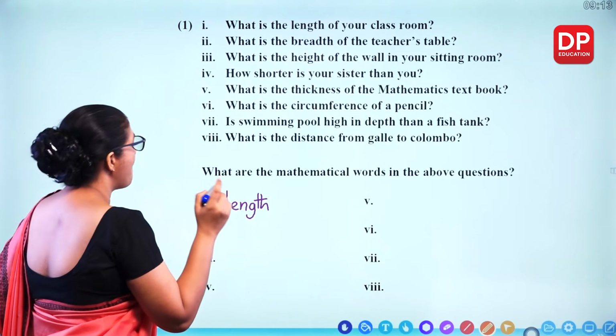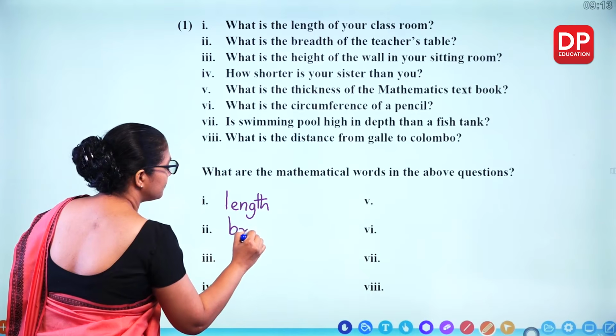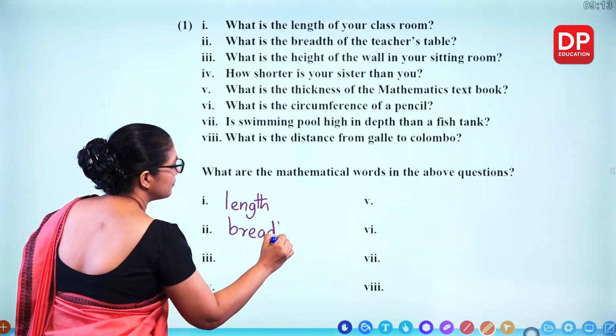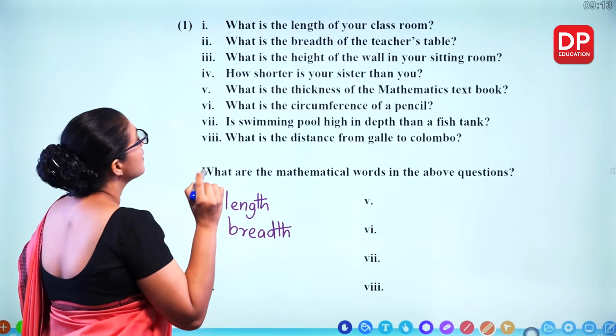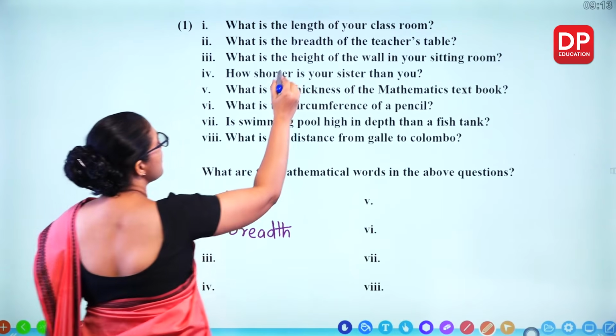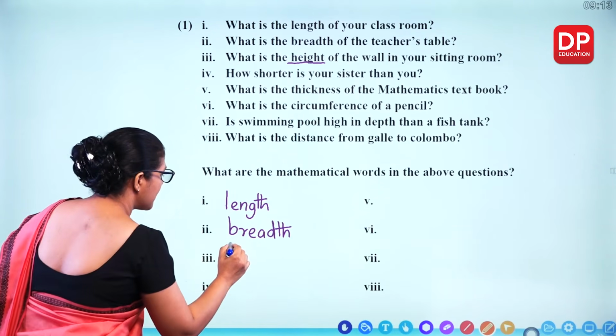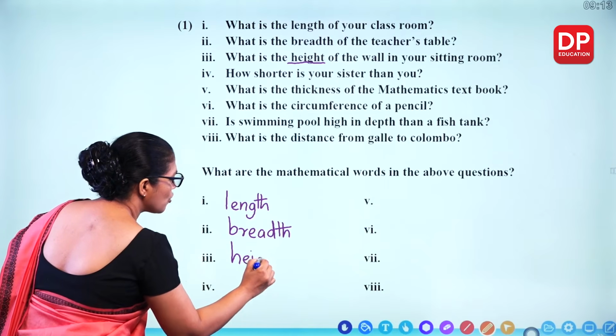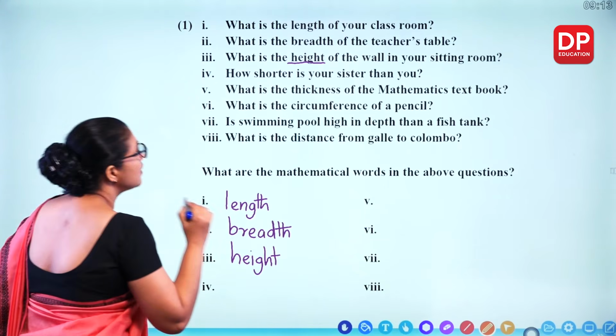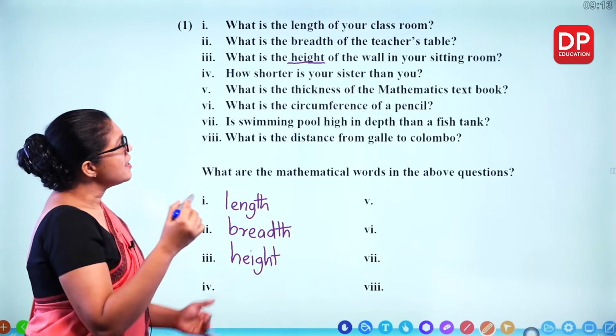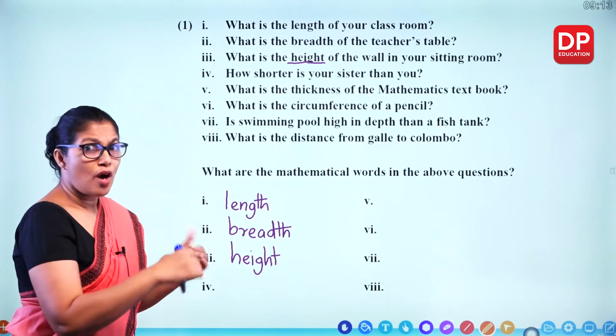Second one, breadth. Third one, what's the mathematical term? Height. We are talking about a height. How shorter is your sister than you? How shorter?